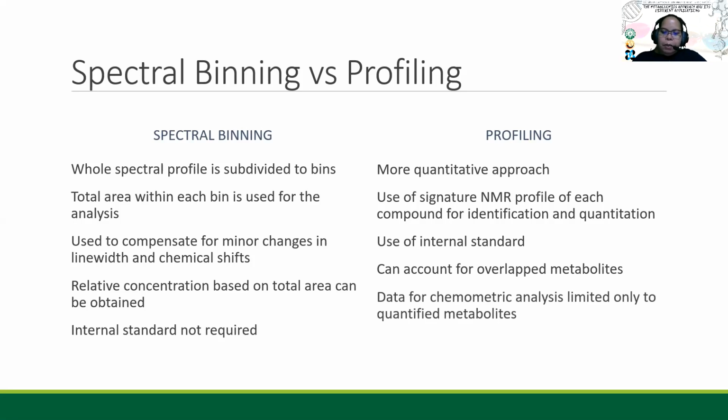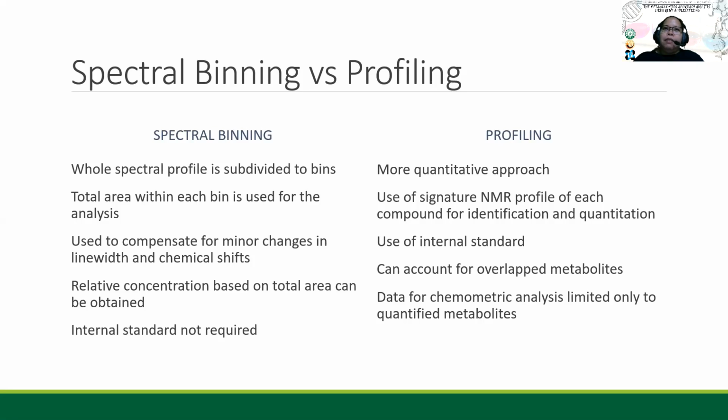However, the data for chemometric analysis that will be obtained is limited to the quantified metabolites. Unlike in spectral binning, where you make use of the whole spectrum for your data analysis, in profiling your chemometric analysis is limited to the quantified metabolites.